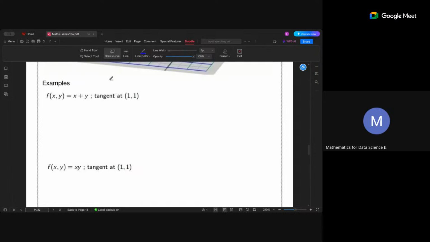So the formula is w is equal to f of a tilde plus del f of a tilde dot x tilde minus a tilde. This is your x tilde. This is your a tilde. Find the answer. Find the tangent plane.